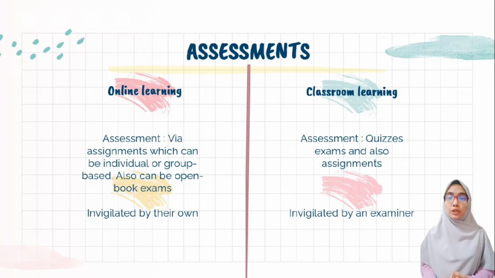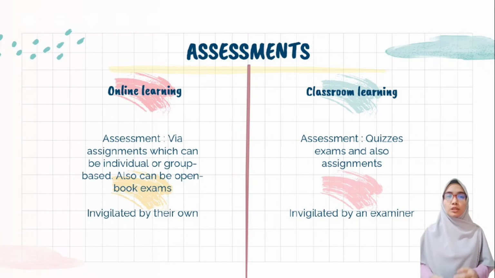The third difference between classroom learning and online learning is on assessment. For online learning, the method of assessing a student's capability is usually through assignments, which can be either individual or group based, and it can also be open book exams.